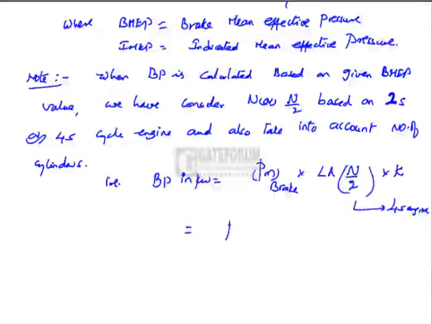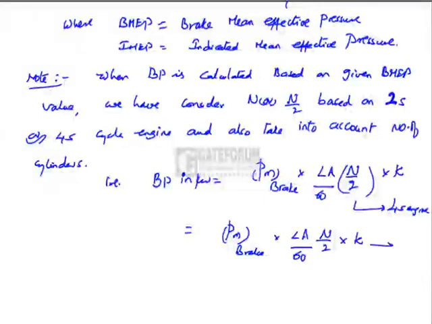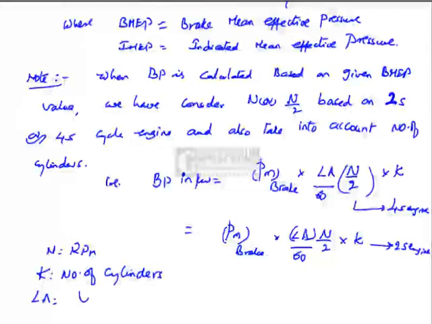Again, this is equal to P_m brake into L A into N by 2 by 60 into K for 2S engine. Here N is RPM, K is number of cylinders, and LA is swept volume or stroke volume.